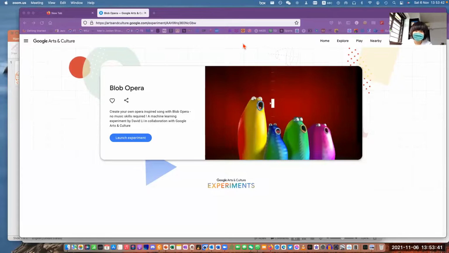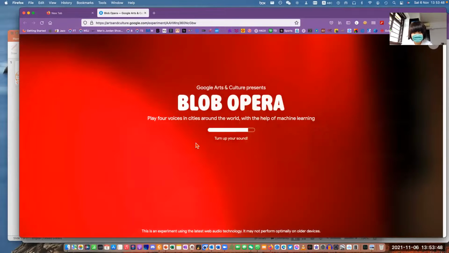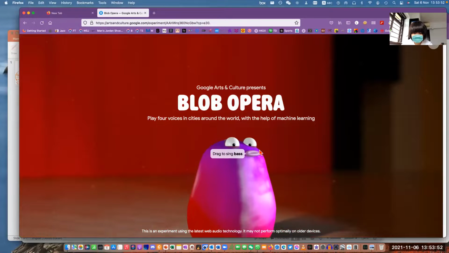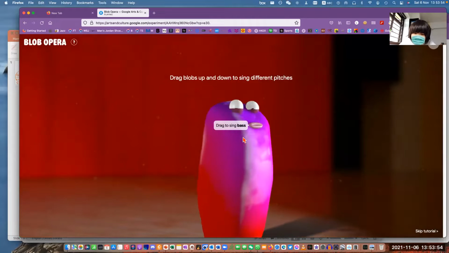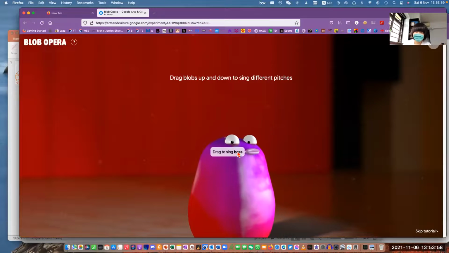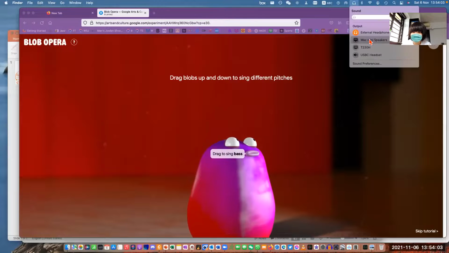Can you see my screen? Blob Opera. Yep. So I launch experiment. It's loading. Can you hear the voice or not? You try? I cannot. You cannot? Okay. Let me show you how you can actually hear the sound.